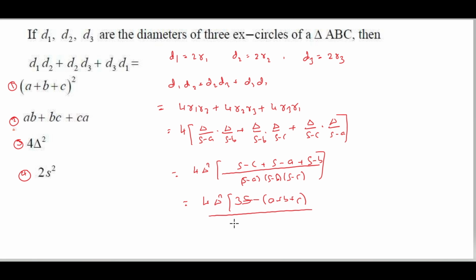By multiplying and dividing by s, that is s into s minus a into s minus b into s minus c into s.